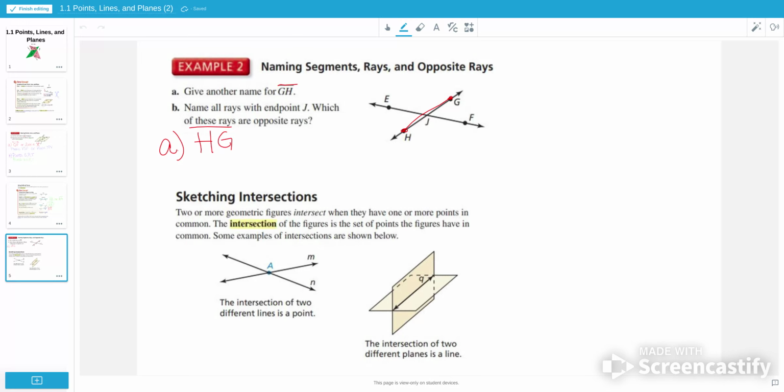And then on this second one, name all rays with endpoint J. So here is J. And so name all rays with endpoint J. So that would be our starting point. So I could say JF, and make sure that you're using proper notation.